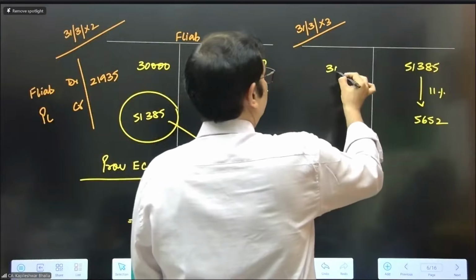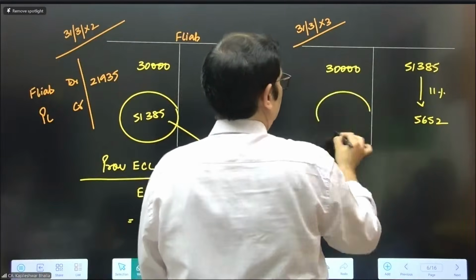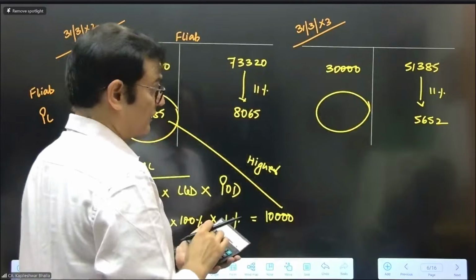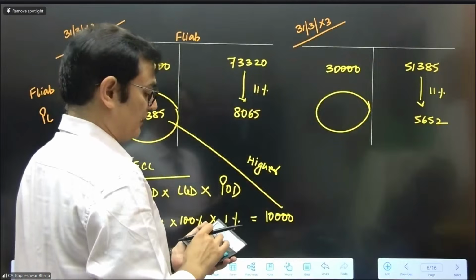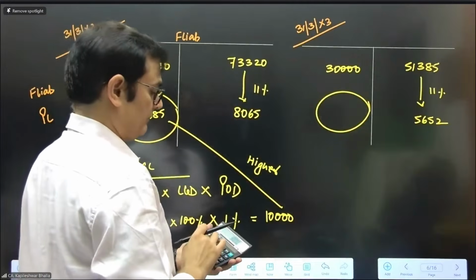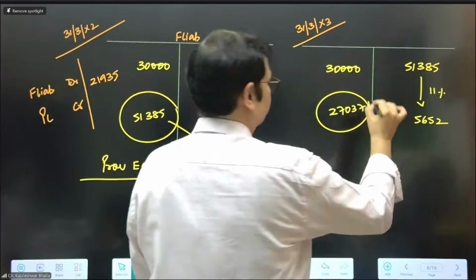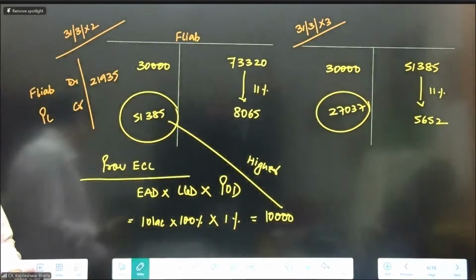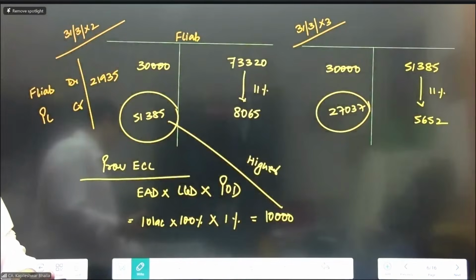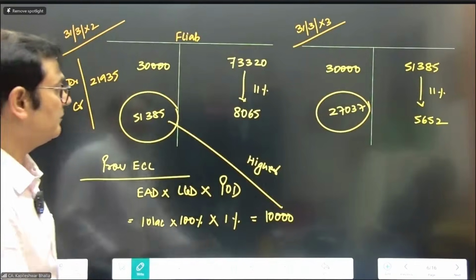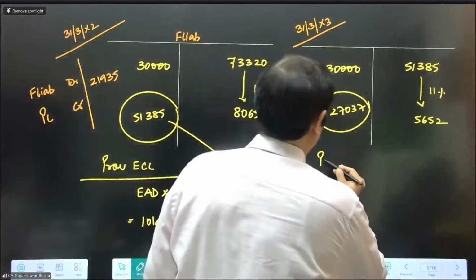And then the benefits paid is 30. So we get the balancing figure, that comes to 27037. So this is the amortized value. And then we can go further and make the same calculations, provision for ECL.